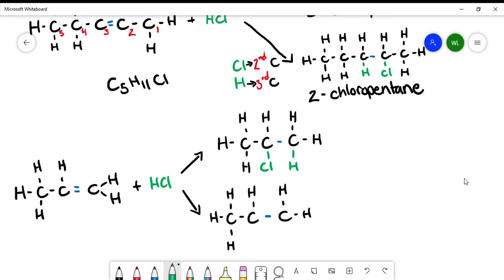In our bottom example, the first carbon will get the chlorine, and our second carbon will get the hydrogen. This, as a result, gives us 2 different products. The first one is 1-chloropropane, and the top one is 2-chloropropane.